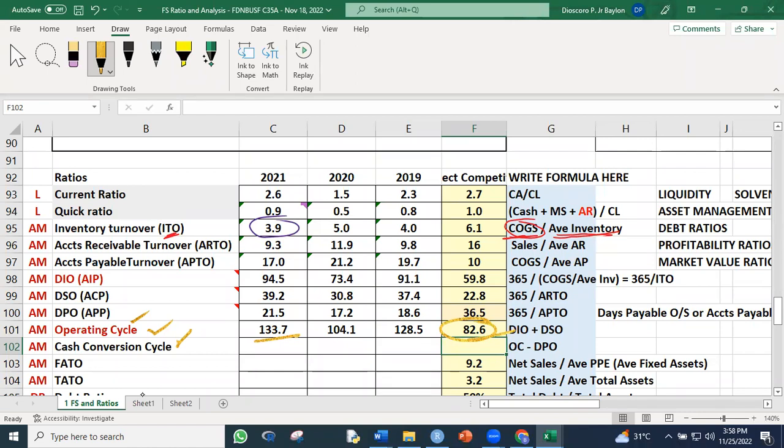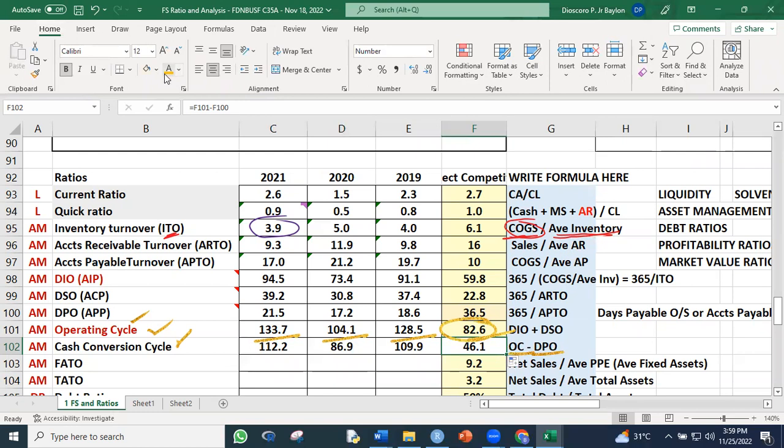And then what's the cash conversion cycle? We'll end here. The cash conversion cycle is operating cycle minus DPO. Okay, so let me just run that. Is equal to your operating cycle minus your DPO. Or in other words, this is your DIO plus DSO, diba?